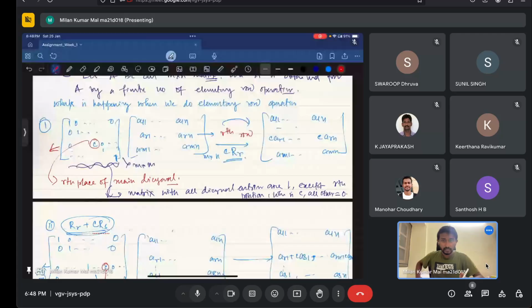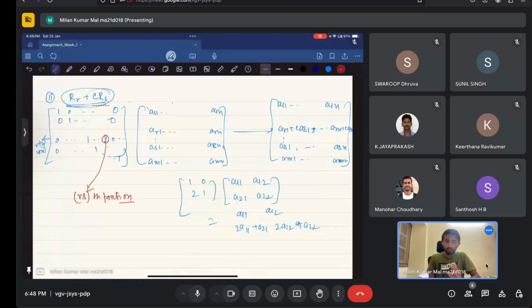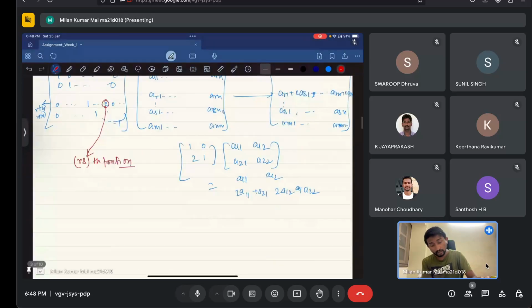I have replaced the Rth position on the diagonal, and every diagonal element is 1. There is no effect on the diagonal. What we are doing is only writing one more extra element at the RS position, that is c. So this matrix is also diagonal. Now we'll do the third operation.